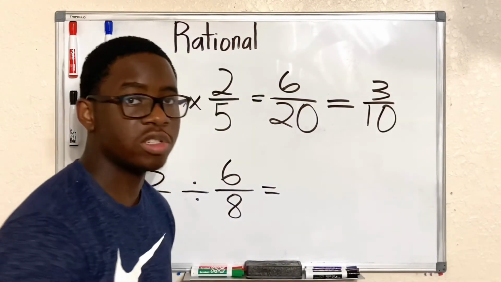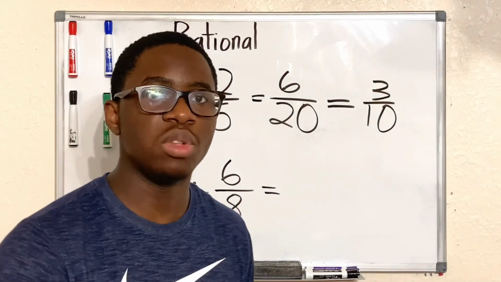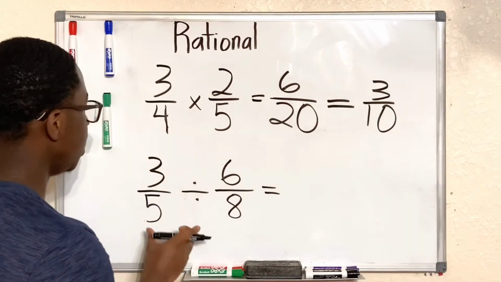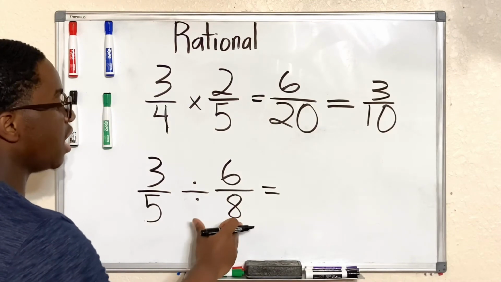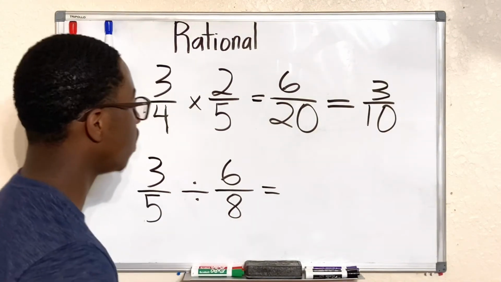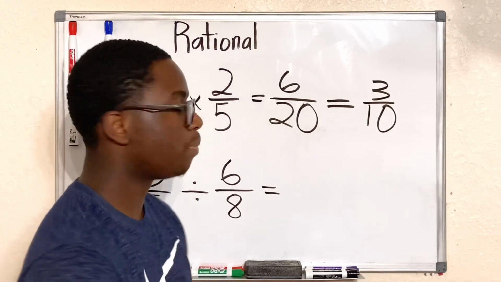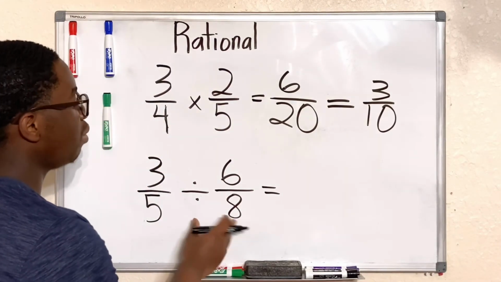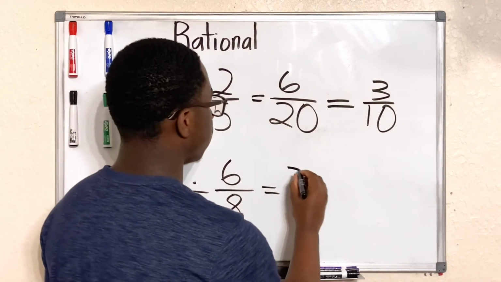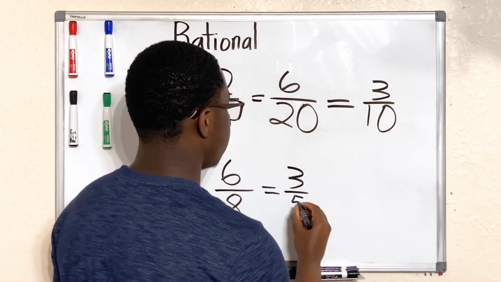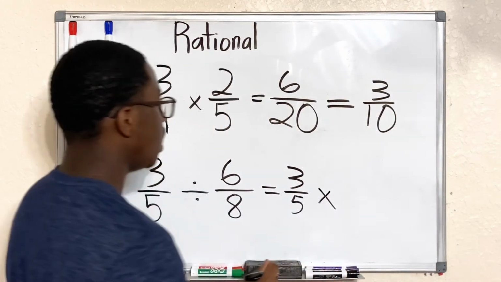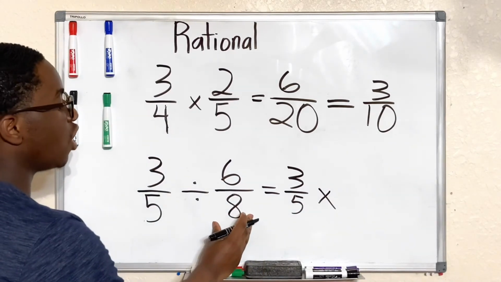So in math, always try and simplify your answers to the simplest possible answer. And here we have 3/5 divided by 6/8. So what we'll do here is whenever you're dividing fractions, our goal is to multiply them. So we're going to flip the sign. So we're going to have 3/5, but this time times the second fraction, flipped.